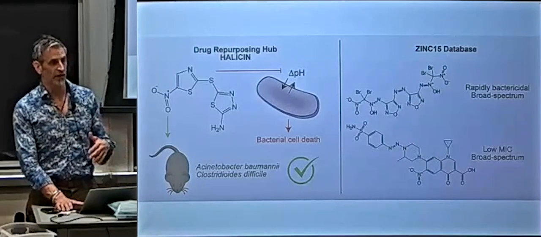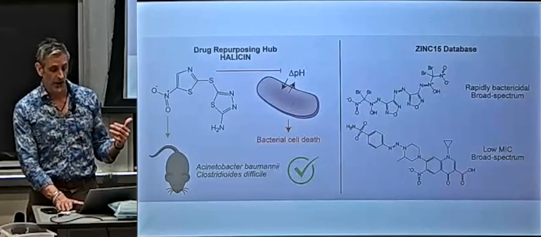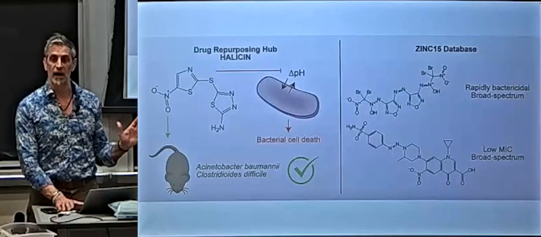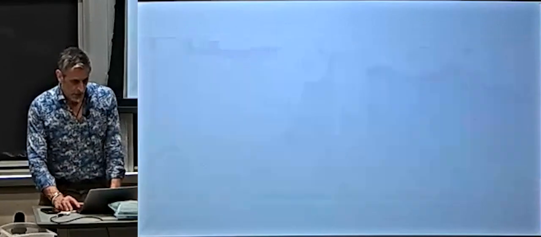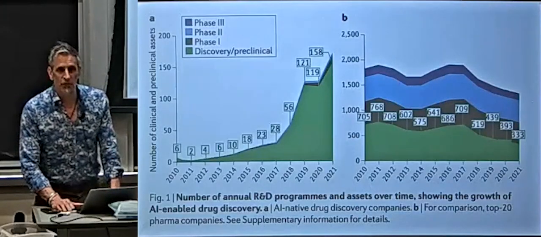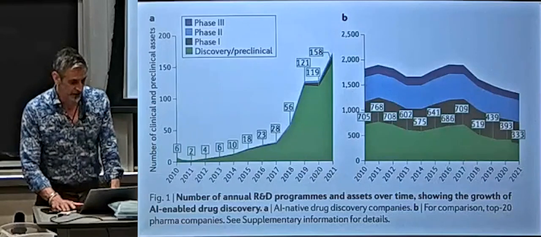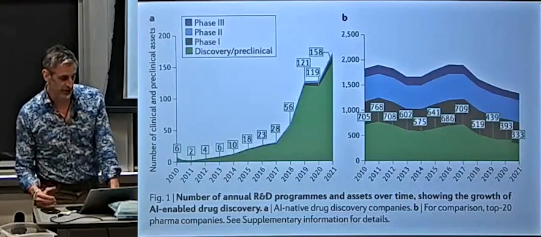And they were also able to identify some compounds in a much larger database that also might have antibiotic effects. So there's a lot of work going on. It's pretty early stages, but still exciting times on trying to use some of these tools to speed up the drug discovery process.